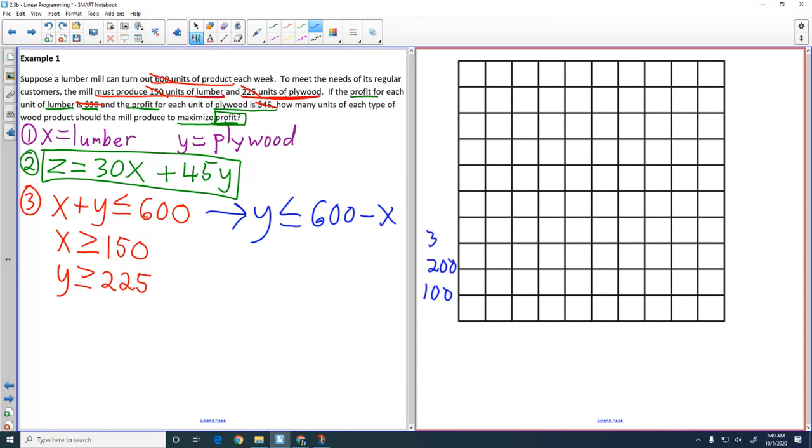200, 300, 400, 500, 600, 700. We probably won't need to go that high because it looks like my biggest number is 600, but it would still go to the top. And then remember, whatever you scale your y-axis with, make sure you scale your x-axis the same way.